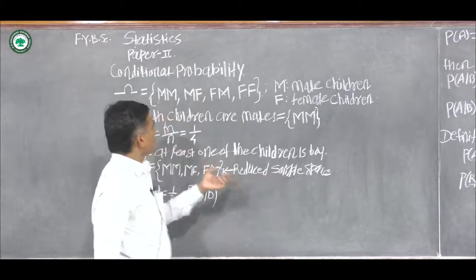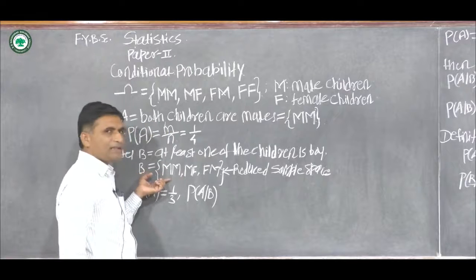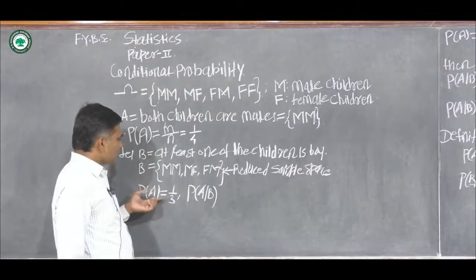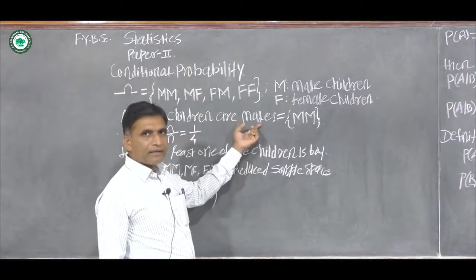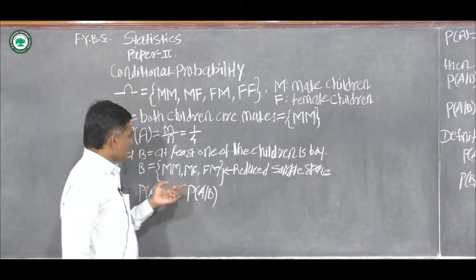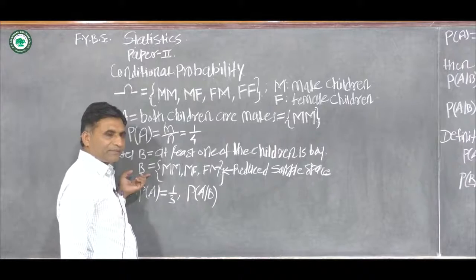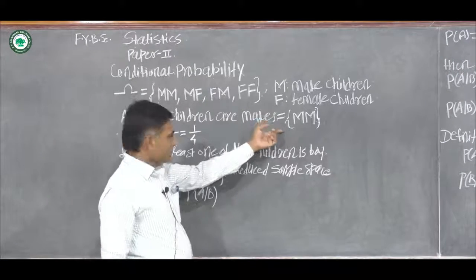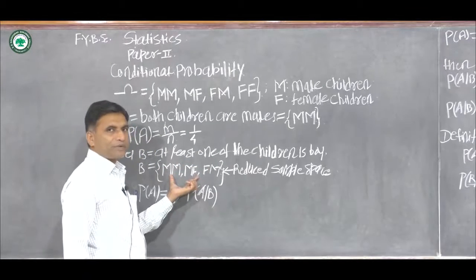Now, what is the probability of event A on the reduced sample space B? The probability of A is equal to the number of elements belonging to event A divided by the total number of elements belonging to the event B. In event A there is only one element, and in the reduced sample space there are three outcomes.